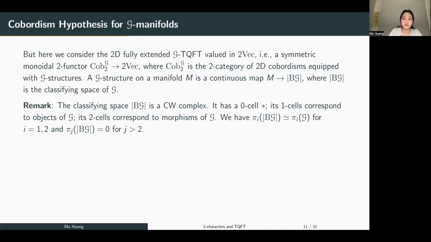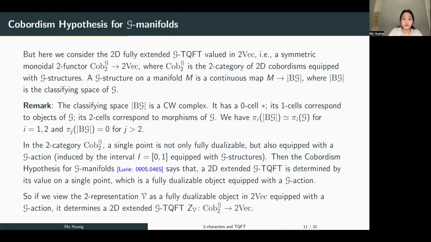It has 0-cell star, and its 1-cells correspond to the objects of G. Its 2-cells correspond to the morphisms of G. And moreover, its first and second homotopy groups are isomorphic to those of G, and the higher ones are trivial.